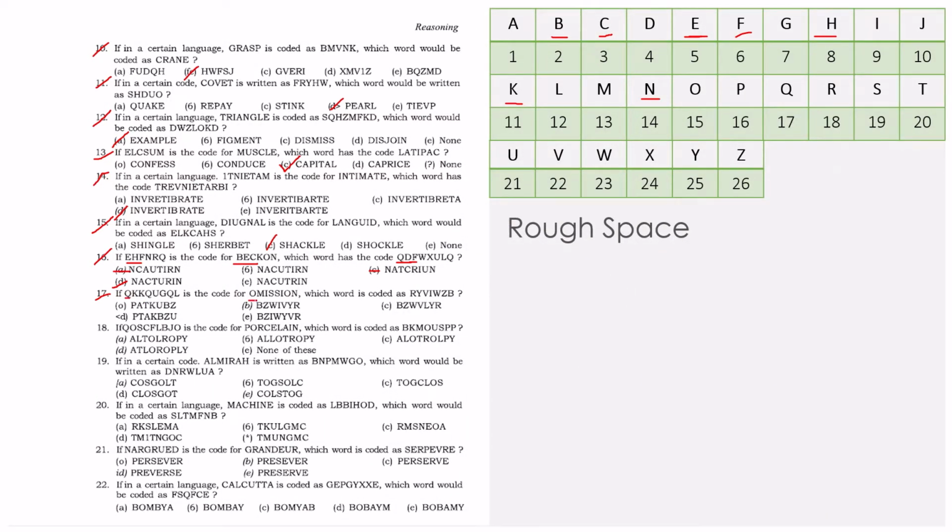Q and O, if I take, 1 second. Let me erase this all. So Q to O, if you take, Q is over here, O is over here, 1 in between.